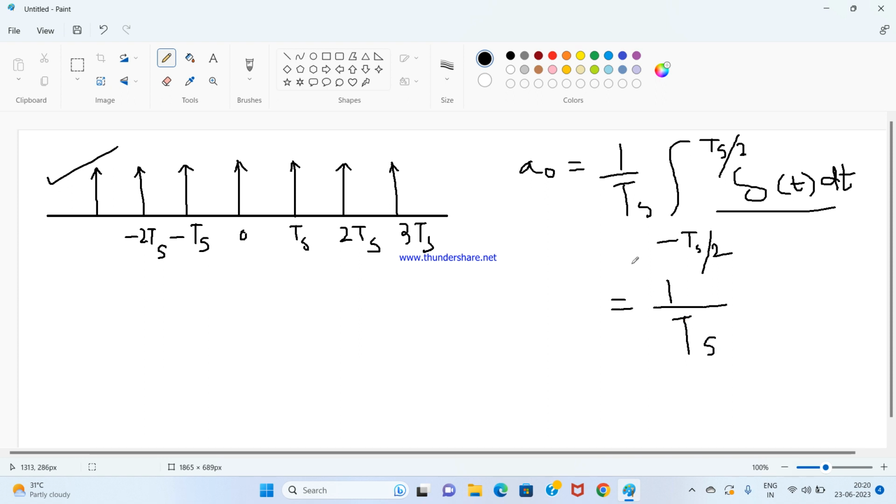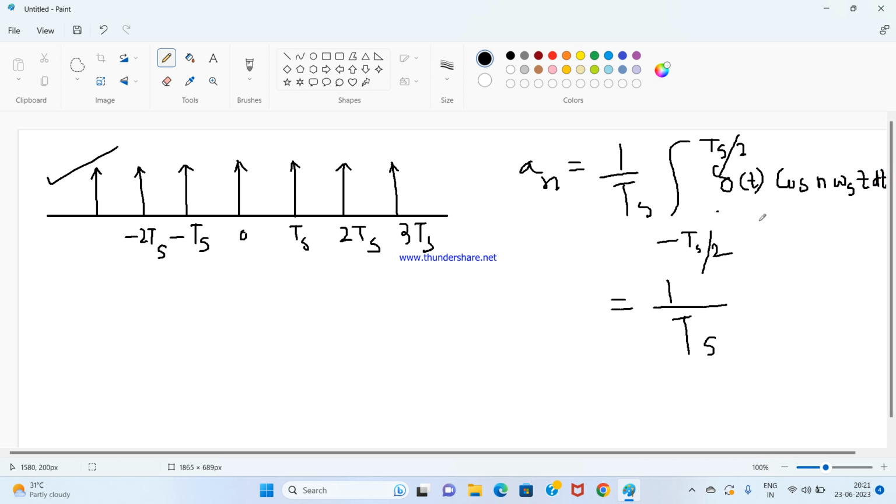So this value naturally is 1 by Ts. Okay, similarly if we find the value of an, what is an? It is 2 by Ts times the integral of delta t into cos n omega s t dt.